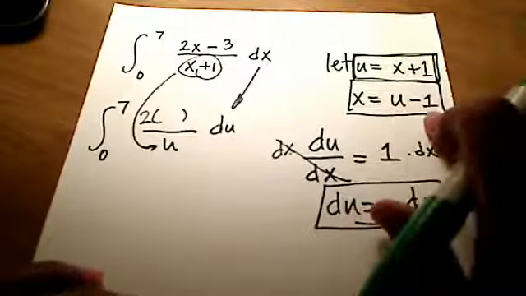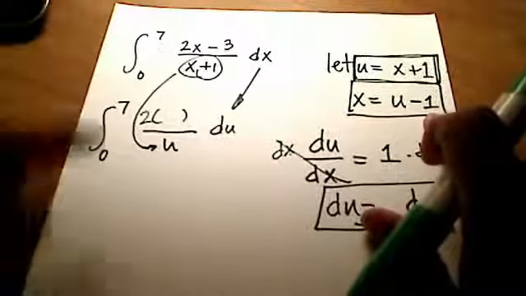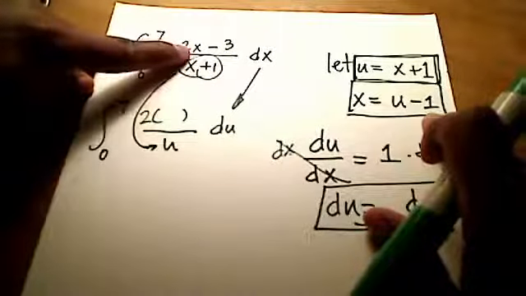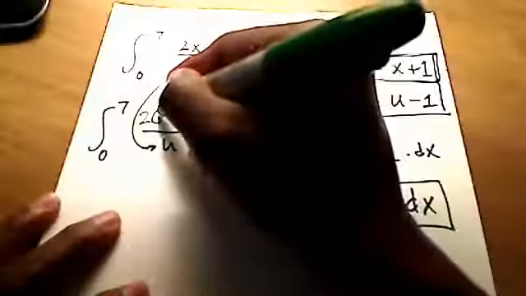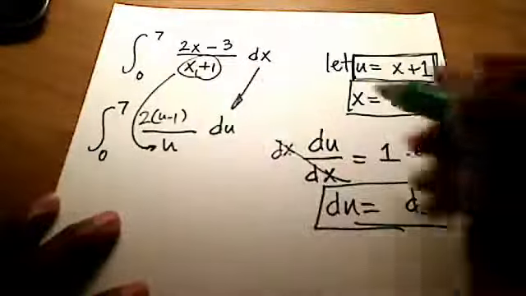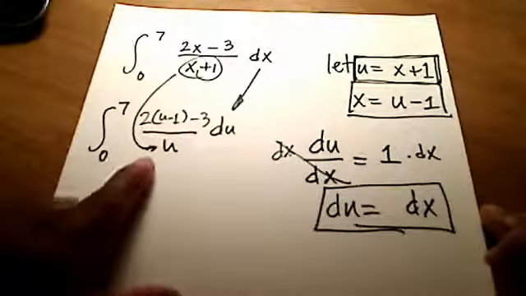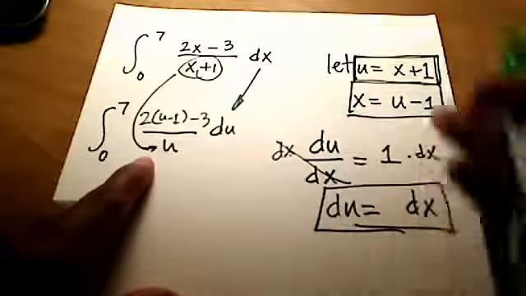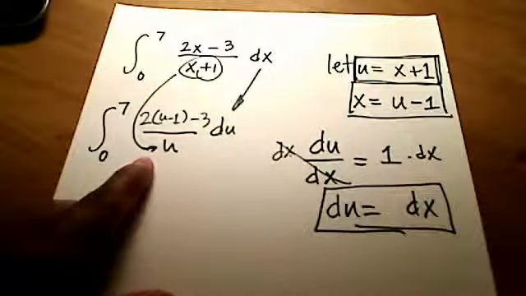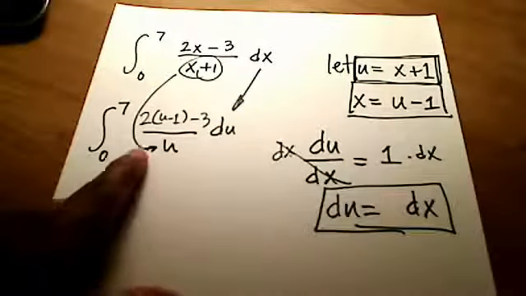That's why I wrote it this way just a moment ago. Instead of x, I can write u minus 1 in parentheses, minus that 3. So now I've got a new problem. It's really the same problem, but written slightly differently, using all of this substitution. Now let me work out the numerator a little bit.